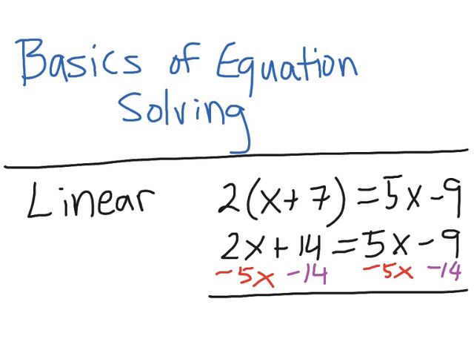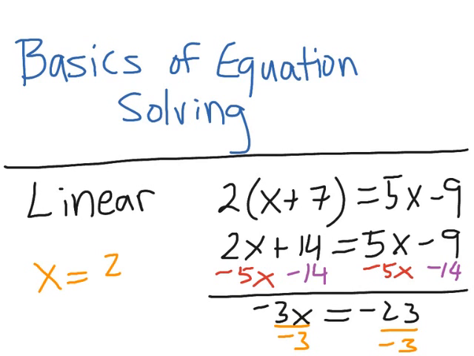And when you do that, you would have minus 3x equals minus 23. Finally, divide both sides by negative 3. And you end up with x equals 23 over 3. So there's a very simple linear equation, the type you should definitely be able to solve. I'm sure you've solved many of those in your life.